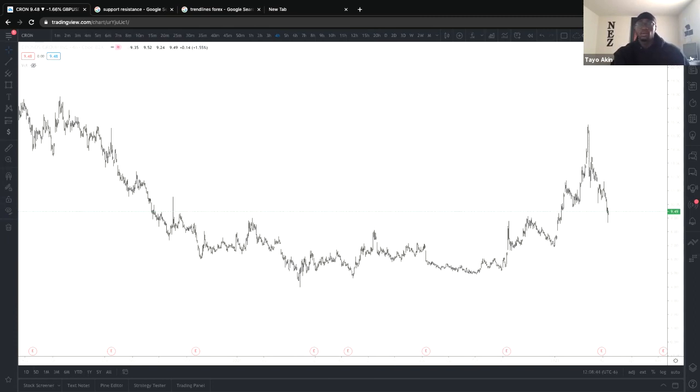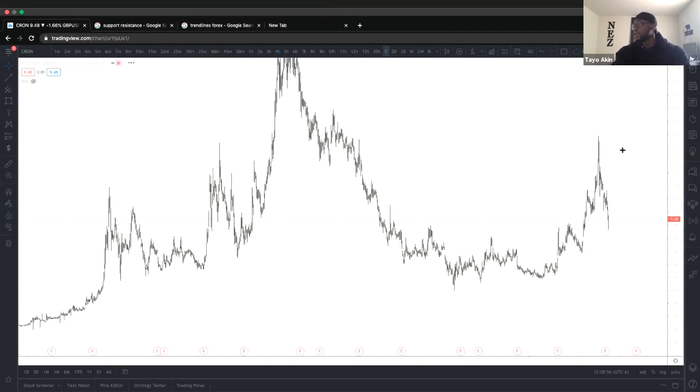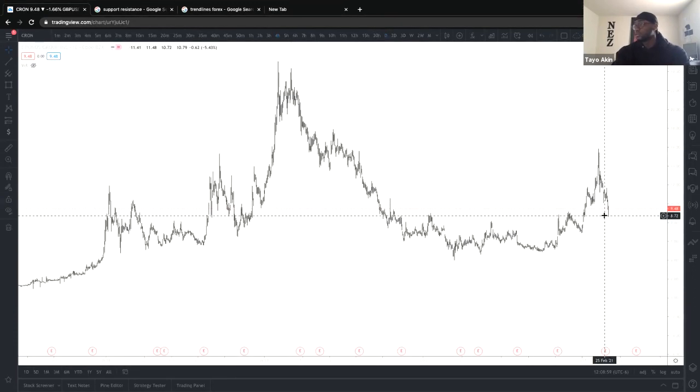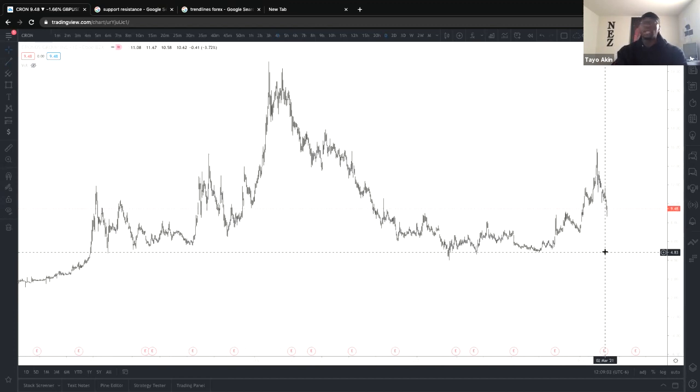So what we're gonna go ahead and do is identify support and resistance, how do we find them, which ones are valid, and all that kind of stuff. First things first, when you are looking at a chart, there's no need to mark up every single zone that you see.